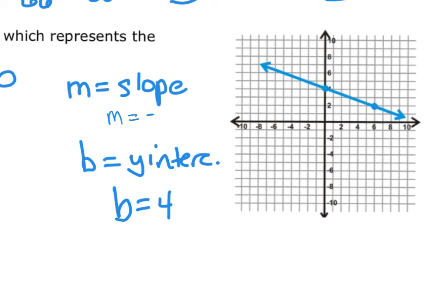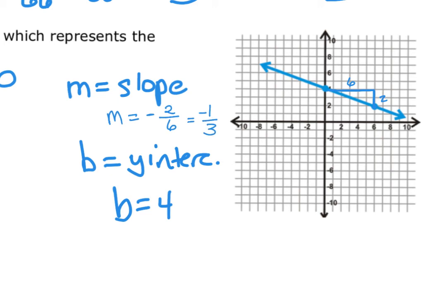If I start here, up 2, so 1, 2, and then over 1, 2, 3, 4, 5, 6. So my rise is 2 and my run is 6. That reduces down to negative 1/3.